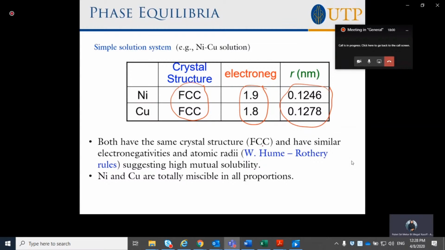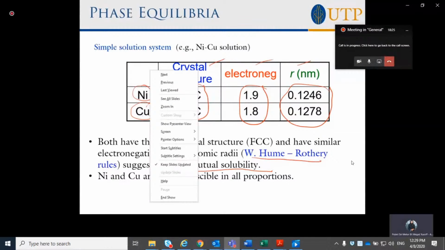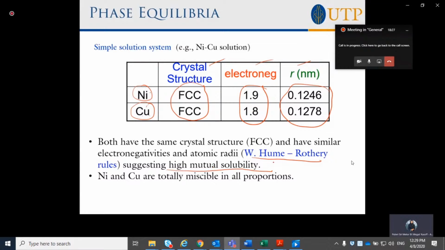Because of that, remember from chapter 4, the Hume-Rothery rules say that if you fulfill all these requirements, you have very high mutual solubility in each other. What it means is that I can replace copper with nickel. Initially I have pure copper, then I can start replacing copper atoms with nickel atoms and reach 100% solubility.